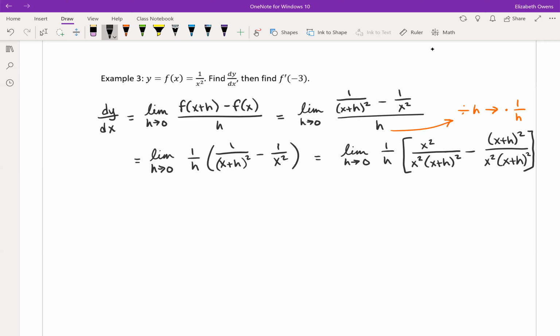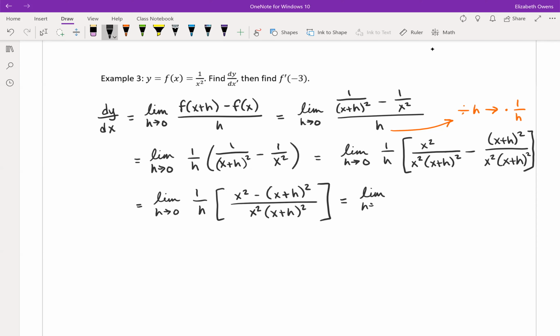Okay, now let's combine those fractions. 1 over h there, and then we'll have x squared minus x plus h squared all over our common denominator, x squared, x plus h squared.